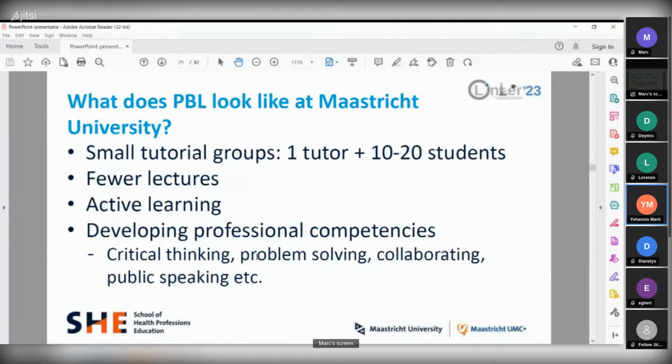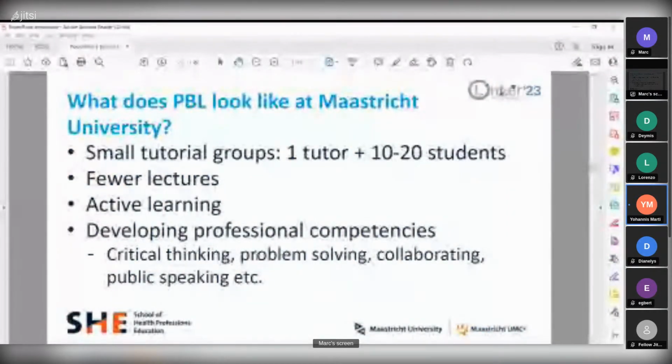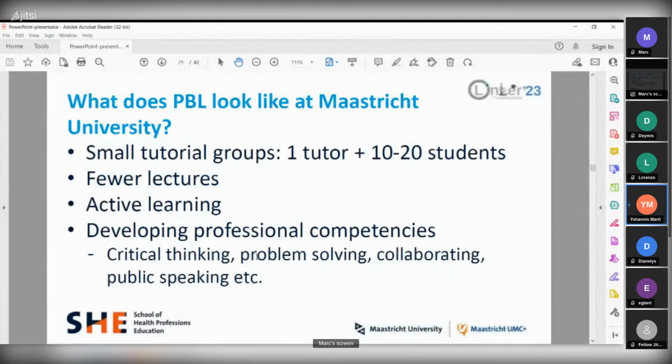You need to practice your public speaking, your problem solving. The tutor is always very approachable because you see them throughout the entire course for 1 or 2 times a week. And the tutor is there mainly to support you, but not to give you the answers, because you're meant to find the answers with your group.